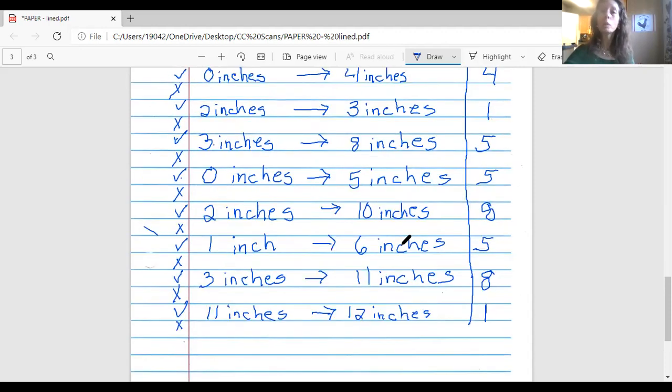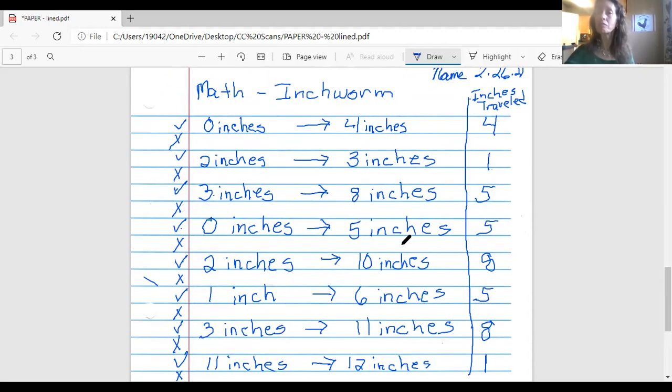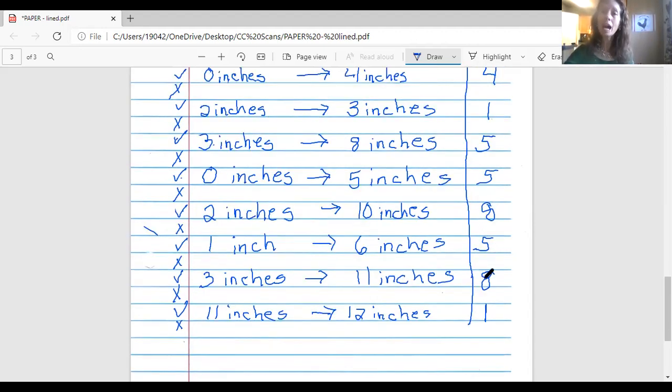And then we can look at frequency. Frequency means how many times did he travel a certain number. This is where, remember when we did our line plot? This is where a line plot would come in handy, okay?